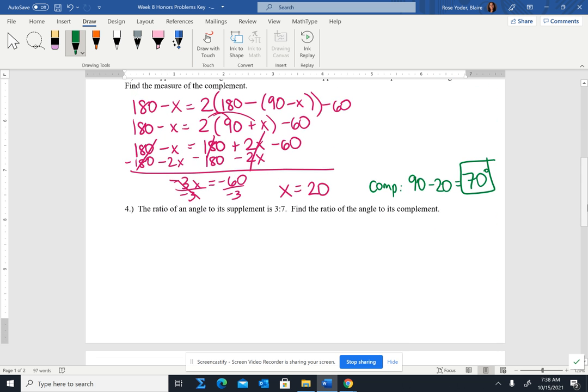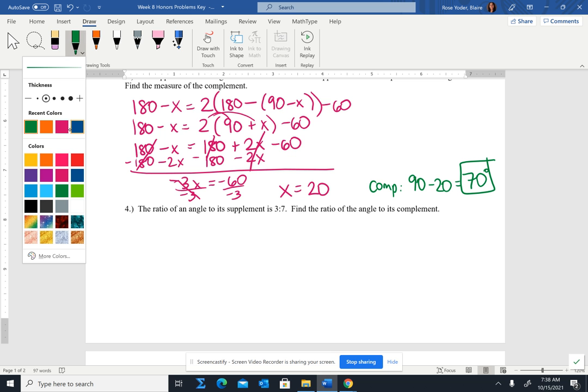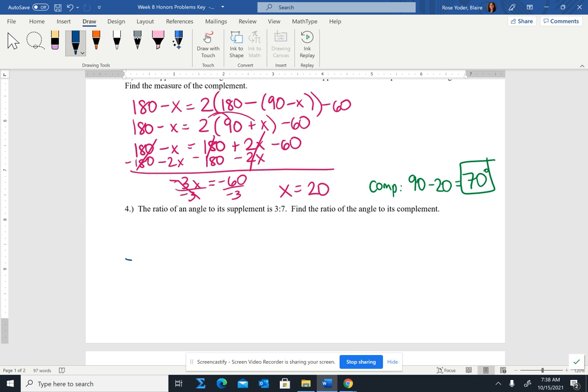And then the last one of these, luckily, is the most straightforward of them all. So it says the ratio of an angle to its supplement is 3 to 7. So I like to deal with these just by calling one of the angles 3x and one of the angles 7x. And then I can just add them up and it equals 180 because they're supplementary. So 3x and 7x is 10x equals 180.